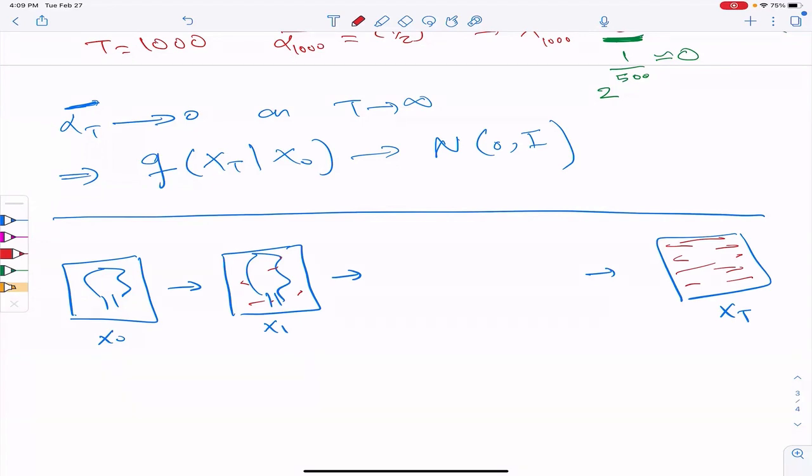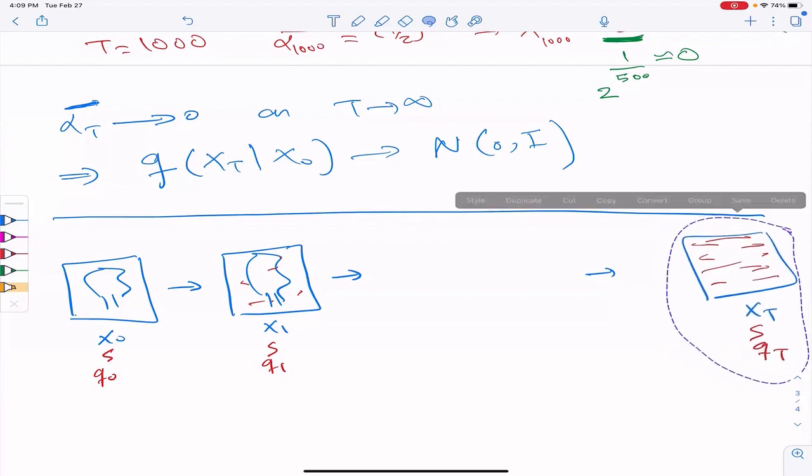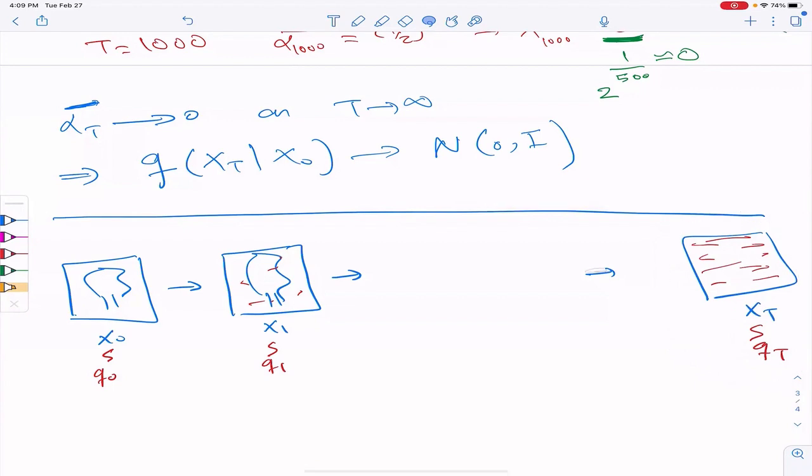Corresponding to it is q0, q1, qT. Let me make a little bit of space. Let's look at time t minus 1 and also time t in the middle.